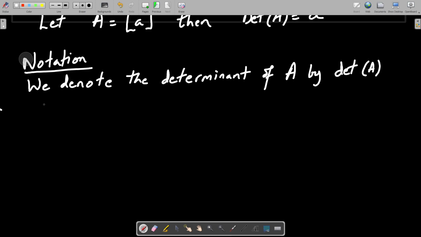By capital A also you can write, capital D also you can write, determinant of A. Or one of the most commonly used notations is this, you put two bars around it. Also called the modulus notation.